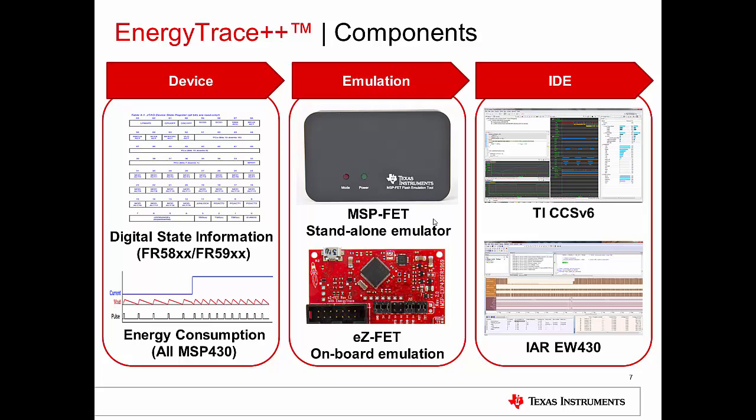And then the second part is you need to have the right emulator or the hardware to enable EnergyTrace. There are the MSP430 or the EZ-FET onboard emulators, which are generally available on the LaunchPads. And then last but not least, you need the IDE support to display all of this information. In this case, for example, you have CCS and also the IAR graphical environment here.